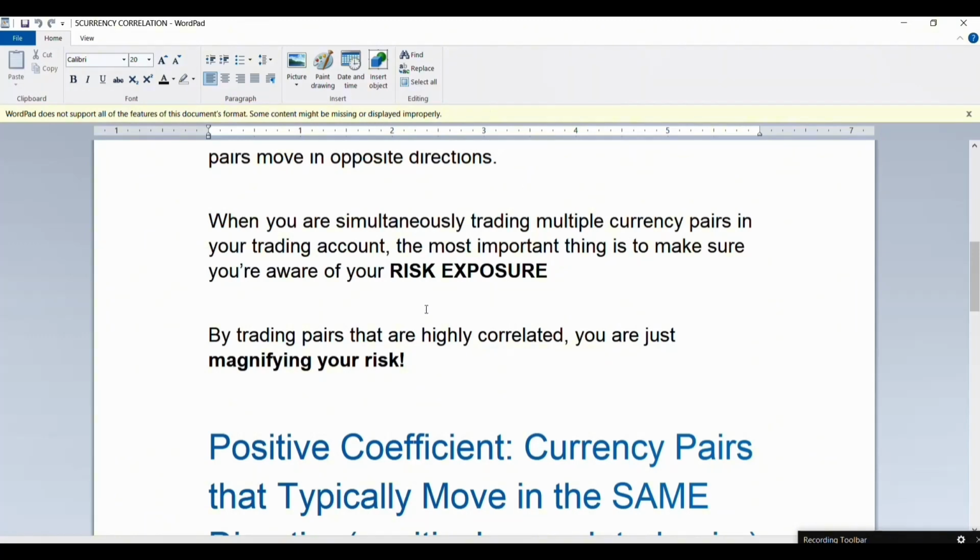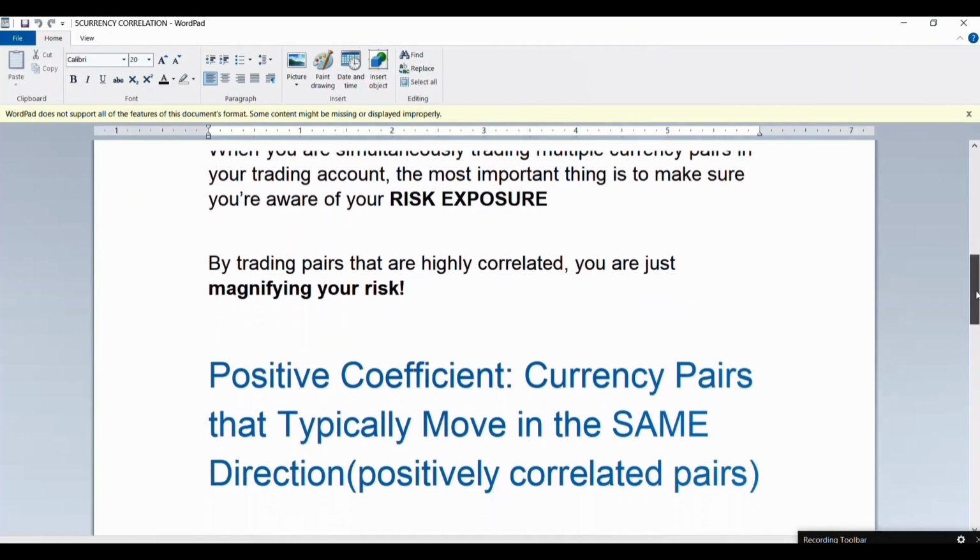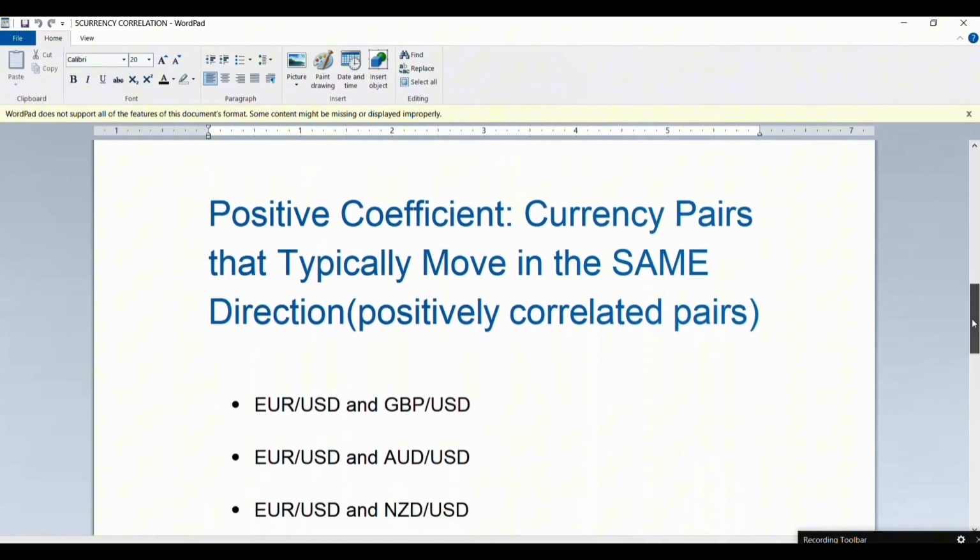For example, AUD USD and NZD USD will move in the same direction. So just choose one of them and trade. Don't trade the two of them, because when you trade the two of them, you are just exposing your account and you may end up losing a lot of money if things go bad.